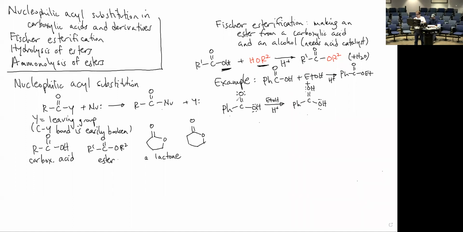So that first step is not too surprising. That's just a simple acid-base reaction. The acid, which is actually going to be the conjugate acid of ethanol, is going to give up a proton and protonate that carbonyl oxygen.